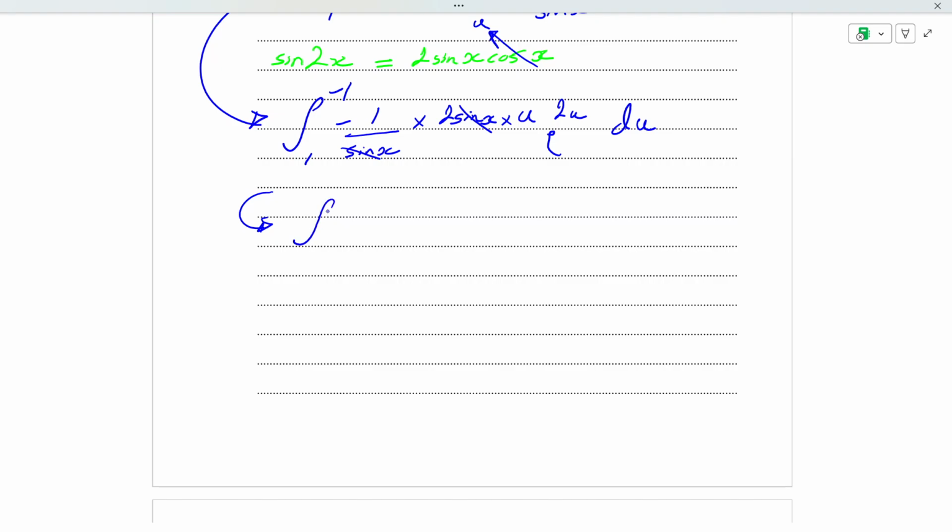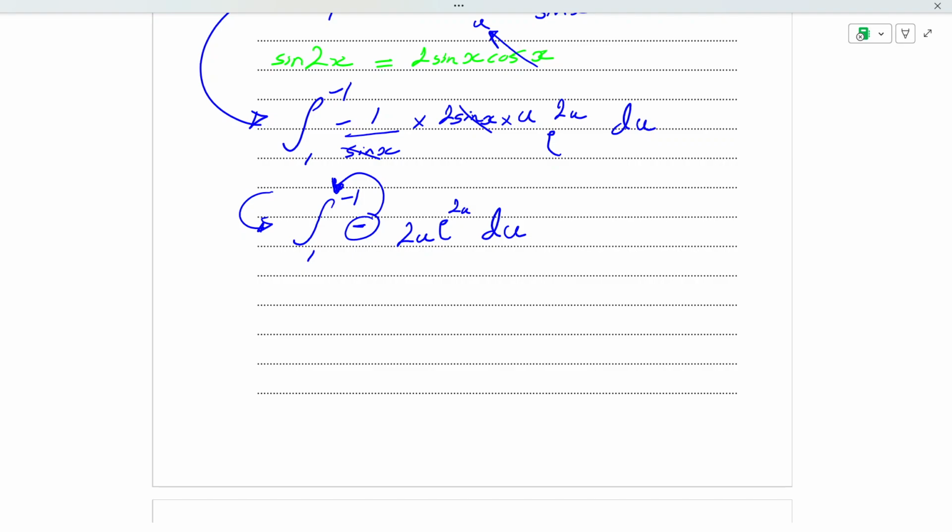So now we have the integral from negative 1 to 1 of negative 2u e to the 2u du. All right. But it's not quite the same now, is it? So since we have this negative, to get rid of this negative, we can multiply it into the limits.